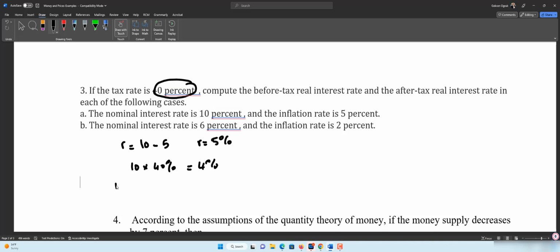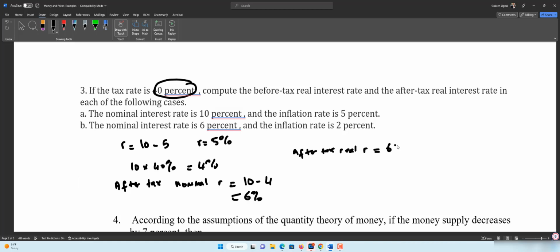So after-tax nominal return is equal to 10 minus 4, which is 6%. And now after-tax real return is equal to 6% minus the inflation 5%, which is 1%. So initially, if there is no tax, your real return is 5%. Because the tax is imposed on the nominal return, your real return drops to 1%. This is how you calculate the first one.